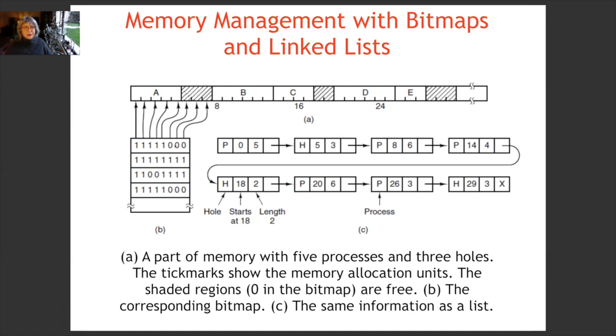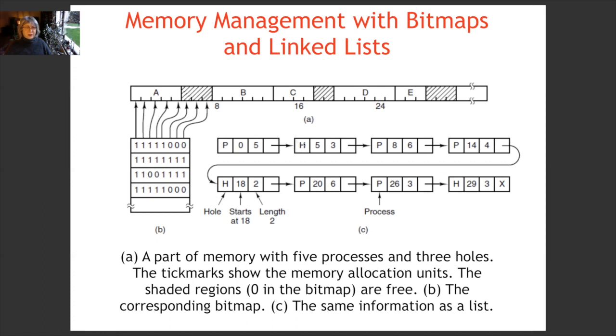Another approach may be to use a linked list to track free areas in the memory. Here we have a linked list. This is saying that there is a process here, starting with address 0, and it's going up to unit 5, and there is a link area showing the next area.